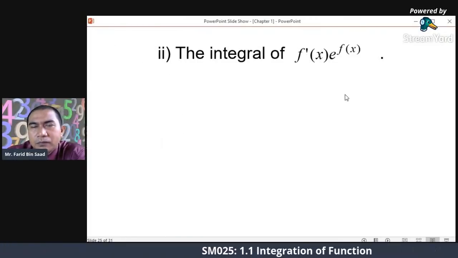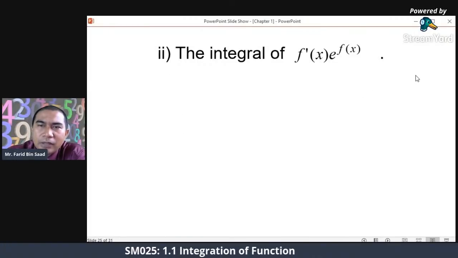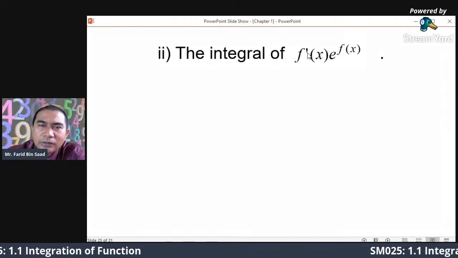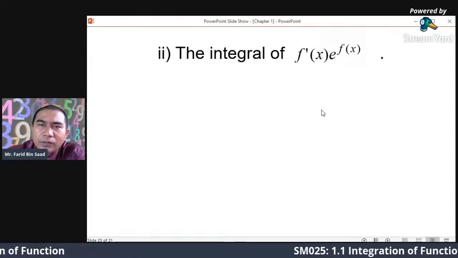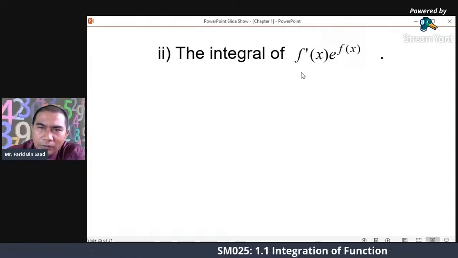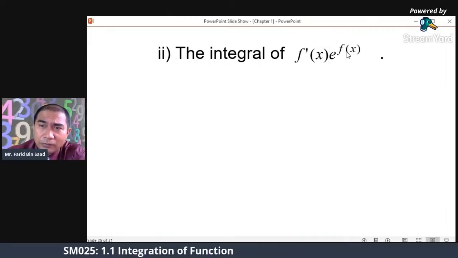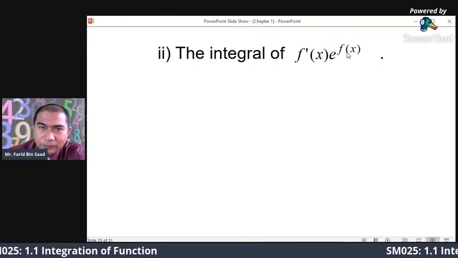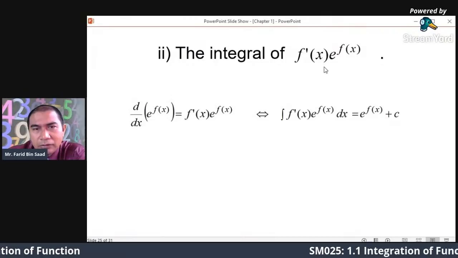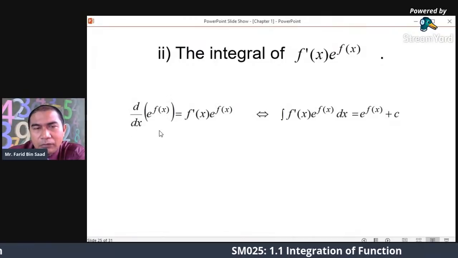Integral of the form f prime x times e to the power of f x. Just now it was f prime x over f x, but this one we have to make sure the form is f prime x times e to the power of f x.